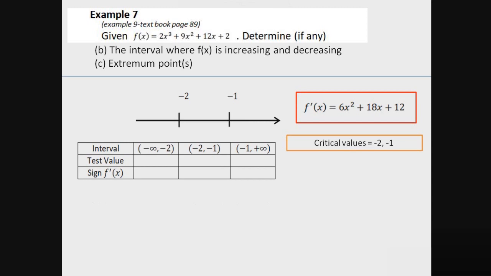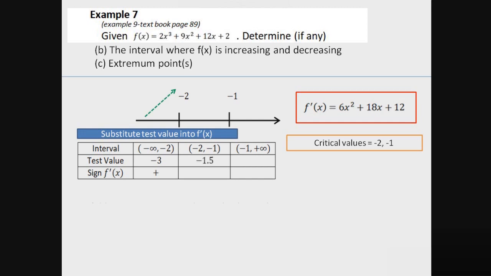At each open interval, we need a test value to substitute inside f'(x) to get the sign, whether it is positive or negative. Let's say for the first interval the test value is -3. The sign of f'(x) is positive, so we know that this interval is increasing.